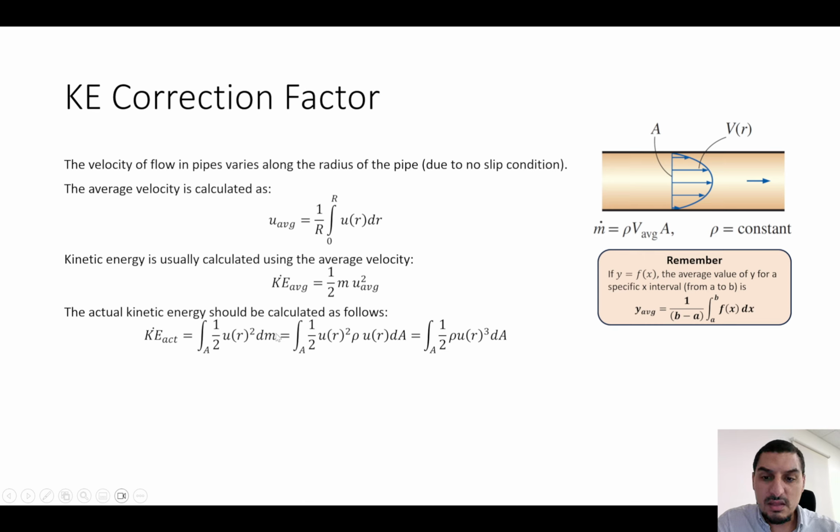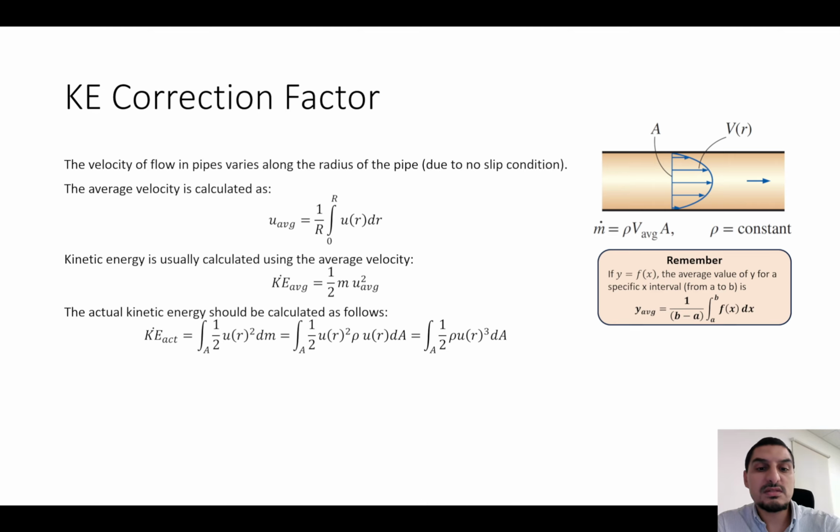And we know that dm is rho u dA. And then we have velocity here and velocity here, so it's half u squared times u, u to the power 3. So we have half rho u cubed dA, and then we'll do the integration. The difference between what we get here and here is big because of the high power of the velocity.